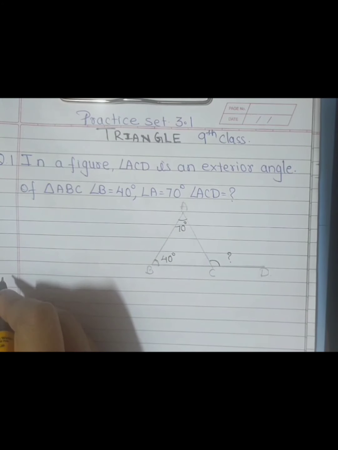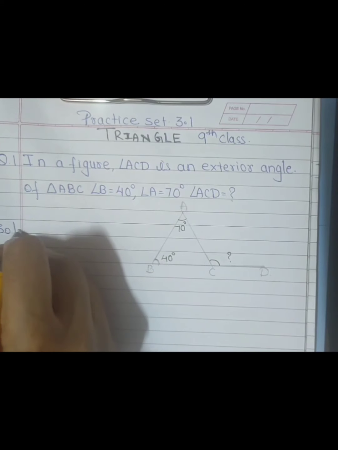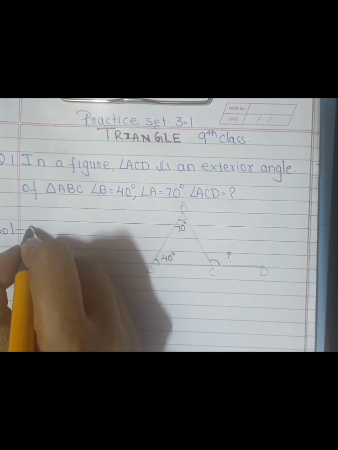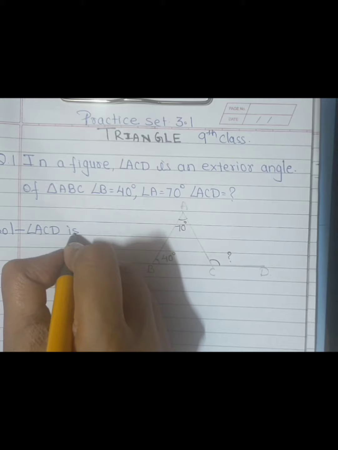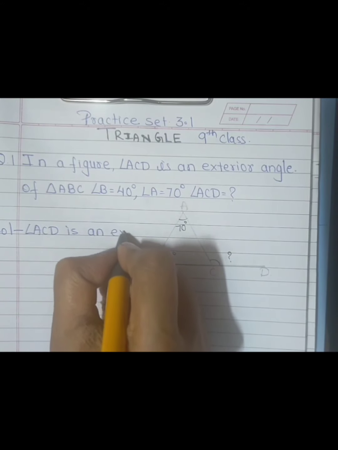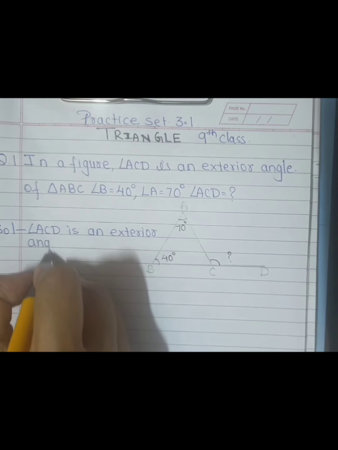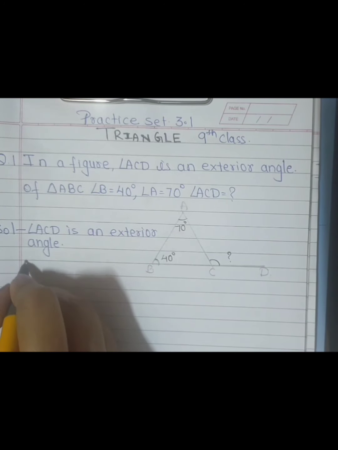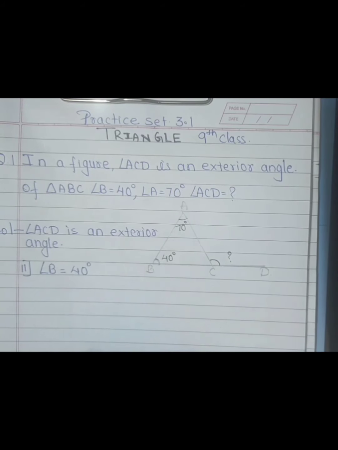So first we will write what is given here with solution. What is given? Angle ACD is an exterior angle. This is first point. Second point is given angle B is 40 degree.